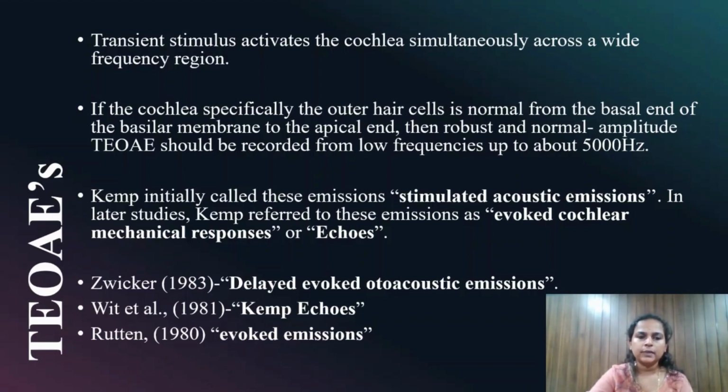Kemp initially called these emissions stimulated acoustic emissions. In later studies, Kemp referred to them as evoked cochlear mechanical responses or echoes, and Zwicker called them delayed evoked otoacoustic emissions. Wit et al. called them Kemp echoes, and Rutten called them evoked emissions.